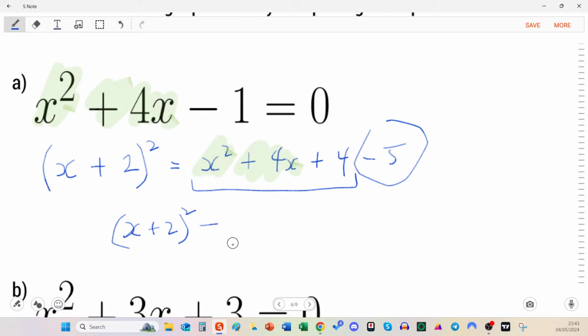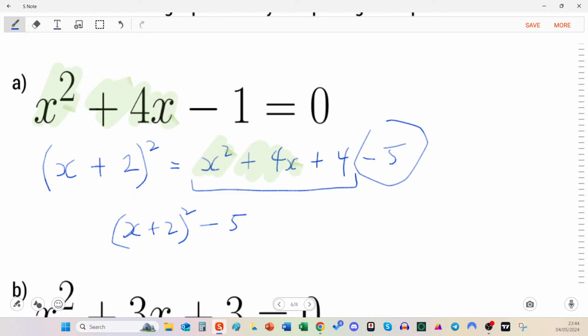Now, this is equal to our original question, but it's in a better format because we have just one x. And this is completing the square. This here being the square, but it had a little bit wrong with it, so we adjust it. We complete the square.